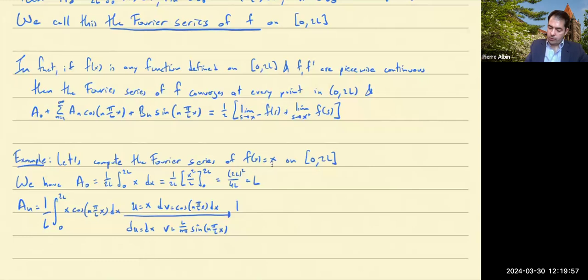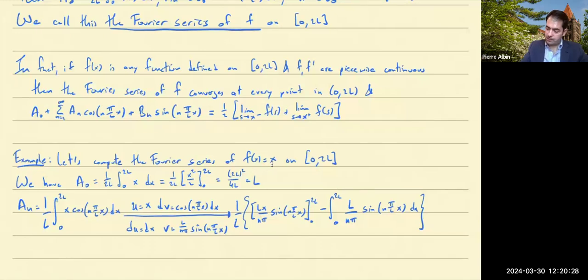Right. So this is 1 over L, and then we have u times v, so it's Lx divided by n pi sine of n pi over L x evaluated at 0 and 2L minus the integral from 0 to L of v du, so that's L over n pi sine of n pi over L x dx.